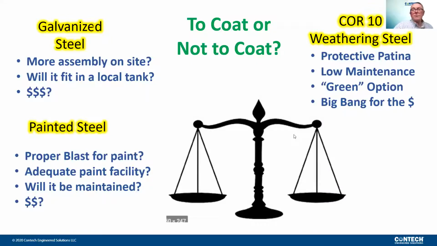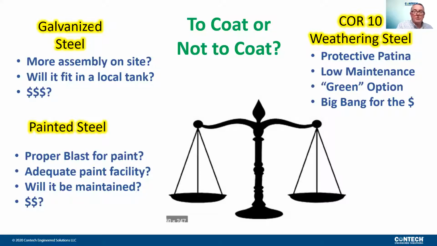Painted steel. All of Contech's bridge facilities have proper preparation for coating with an SP6 or SP10 blast, as well as sophisticated paint endorsements. But it's important that if specifying painted steel, that proper prep and coating is indeed what you get.